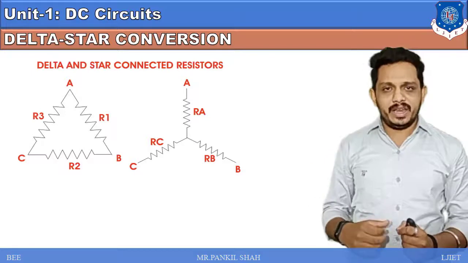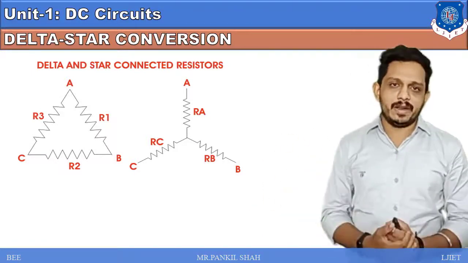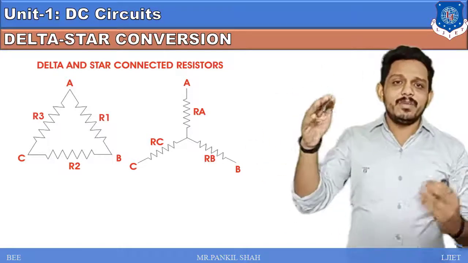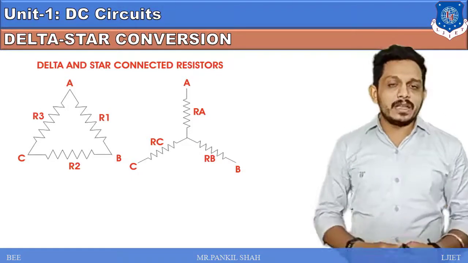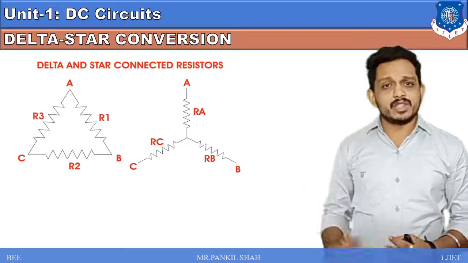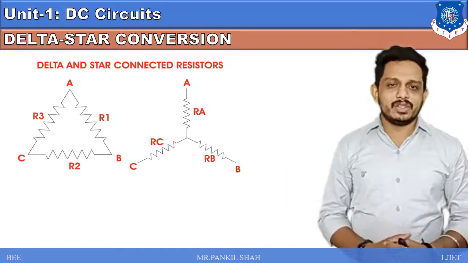In a similar way, B's negative terminal is connected with C's positive terminal. And resistance C's negative terminal is again connected back to the positive terminal of A. So there will be a closed path but no neutral point. So the first one is known as the delta connection and the second one is the star connection.